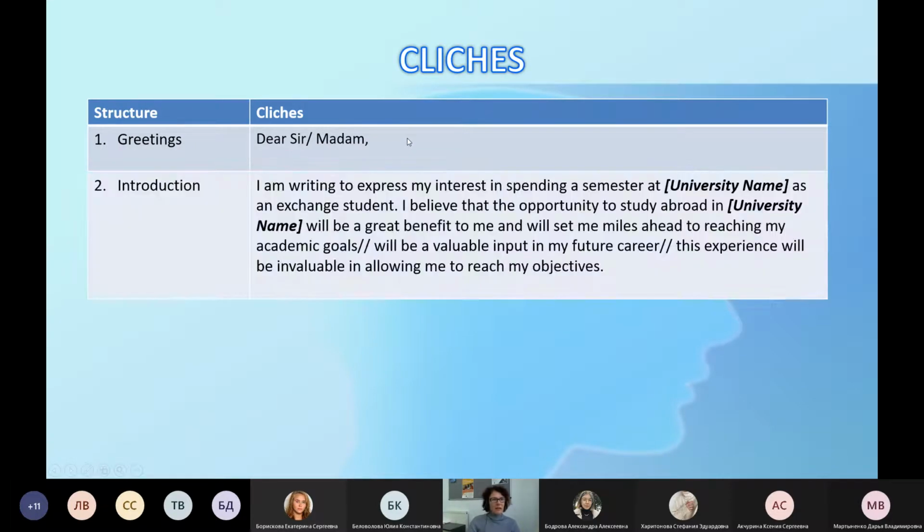Then the next thing, introduction. So here, as you see, we have the cliches. I'm writing to express my interest in spending a semester at, and you write the university name, as an exchange student.